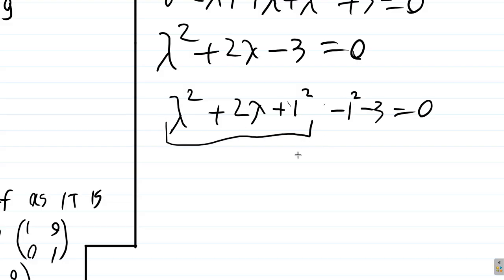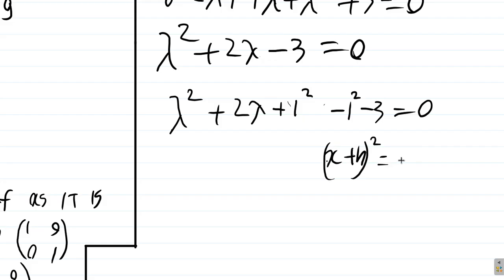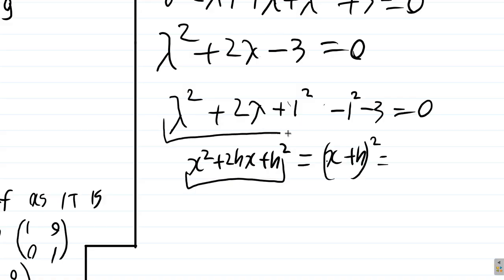Now you have this part just as you want it. And you remember, this is like x plus h squared is equal to x squared plus 2hx plus h squared. See that? Now this part is like this part. You have to practice these things to remember them, you know.